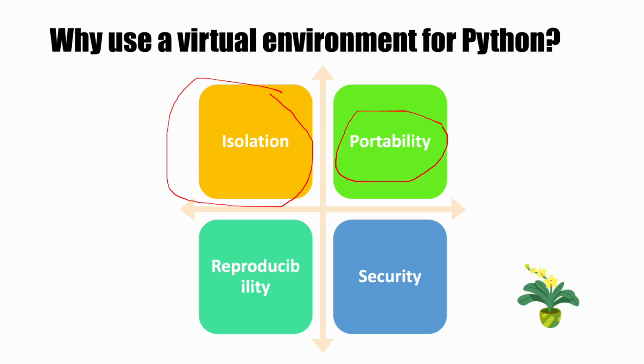Portability: if you have to port your project, give your project and environment to someone, or switch your machine, you are able to create the same environment very quickly and activate the same virtual environment on a new machine. Reproducibility: you can reproduce the exact environment on a different machine at any given point of time.